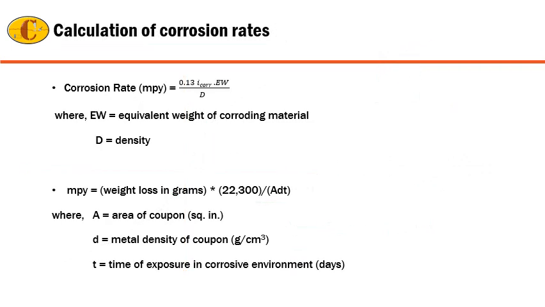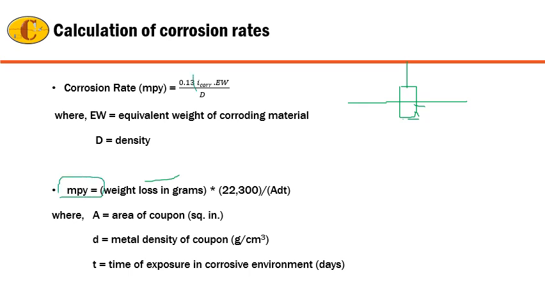The next is calculation of corrosion rate. So this is a typical coupon test method where you insert the coupon inside and you see how much weight that coupon has lost. Then you give that weight loss in grams, and you find the area of that coupon exposed to get the final MPY, that is mils per year.